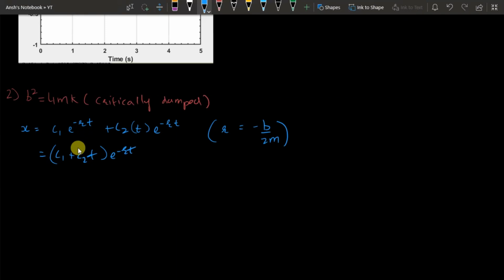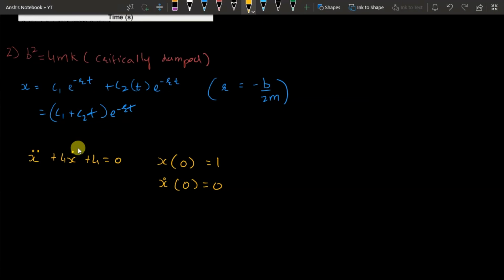So let's understand it with an example again. The example we have is x double dot plus 4x dot plus 4x is equal to 0 with the initial conditions x of 0 is equal to 1 and x dot of 0 is equal to 0. When we solve the differential equation, the general form of the solution will come out as x is equal to e raised to minus 2t times 1 plus 2t.